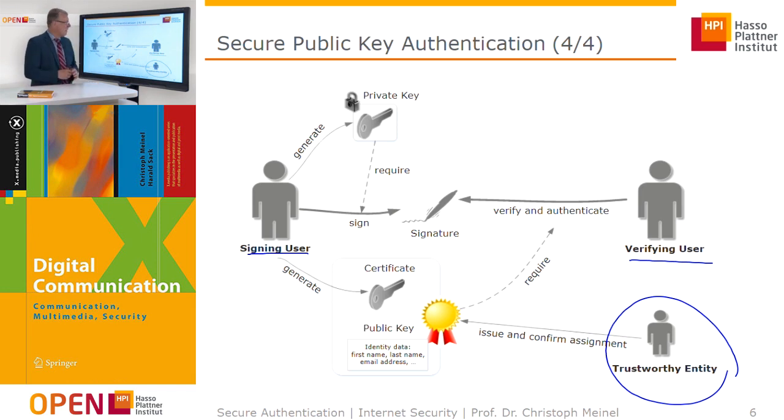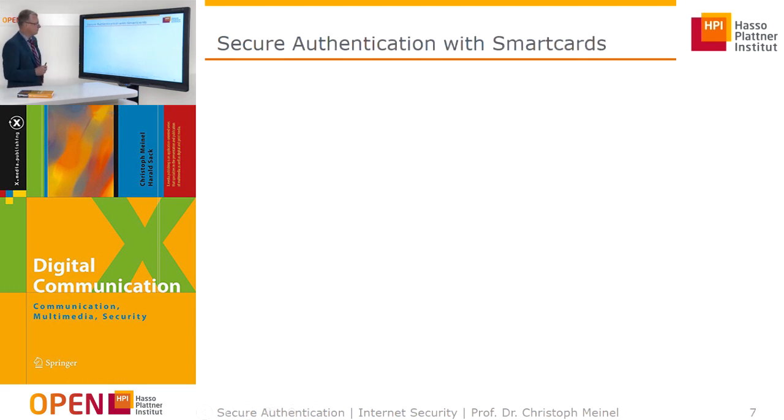It's based on strong mathematical algorithms, but I hope you have got the idea that by means of the two keys, the one key which belongs only to one user, and the other which everyone can use, it is clear: if something is encrypted with the private key of a user, and if it is possible to decrypt this with the public key of that user, then one is sure the user was the only one who could send and sign this message in this way.